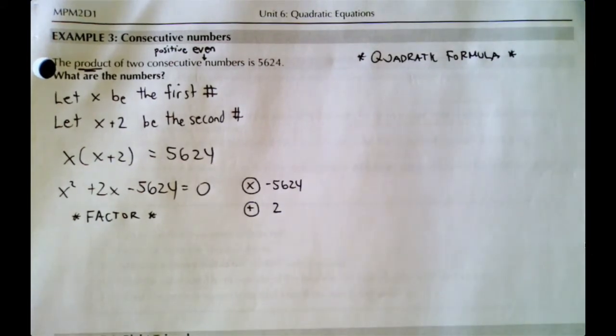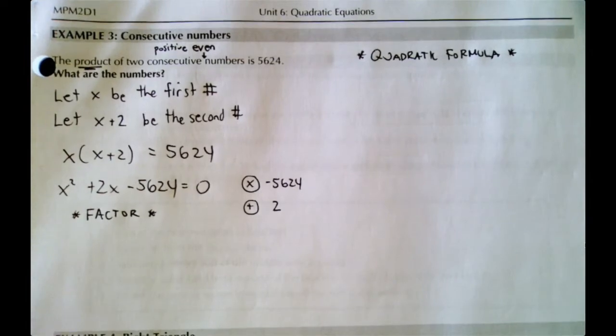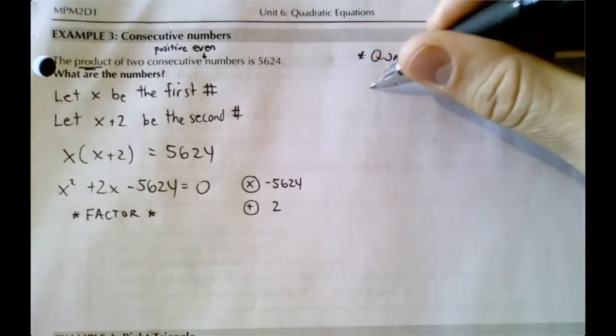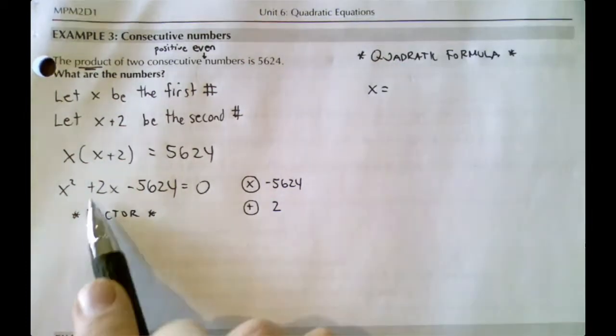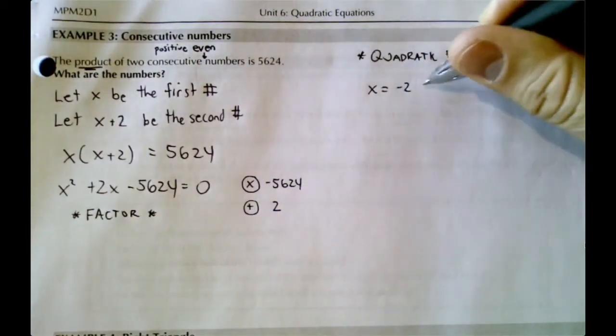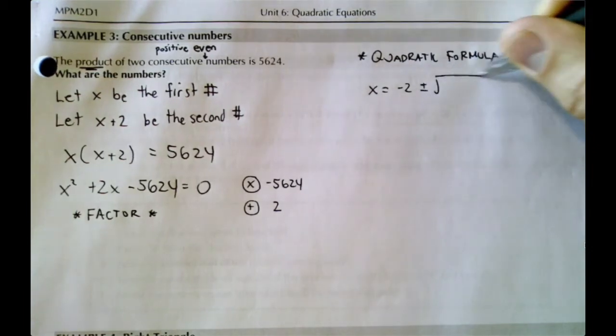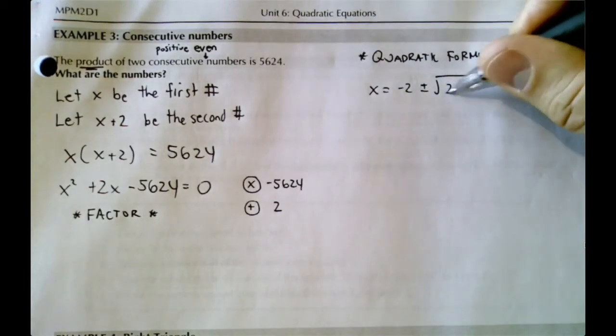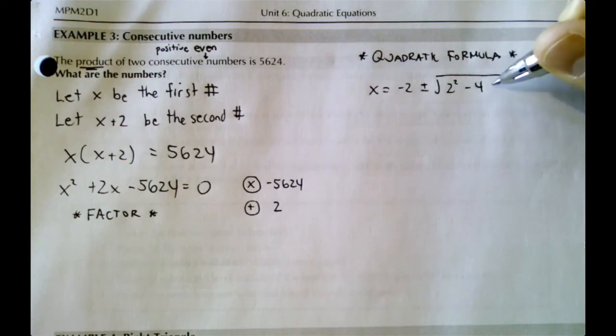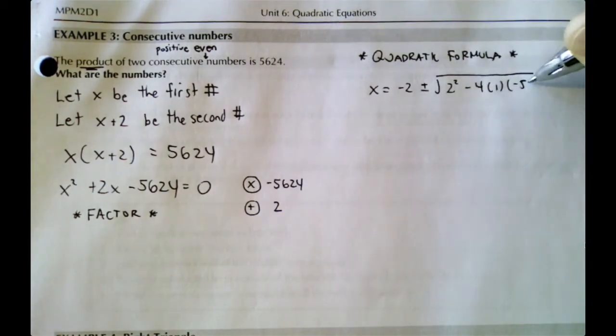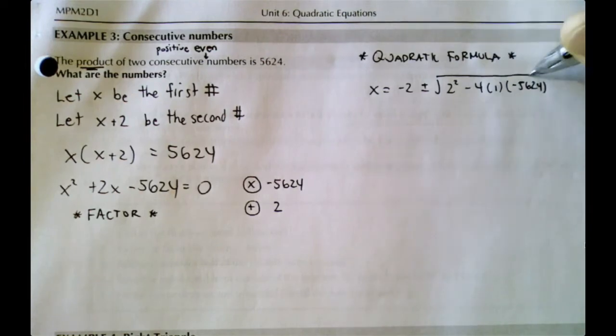So let's use the quadratic formula, and then we'll try factoring. So the quadratic formula is x equals negative b, so negative 2, plus or minus the square root of b squared, so 2 squared, minus 4 times a is 1 times c, negative 5,624.